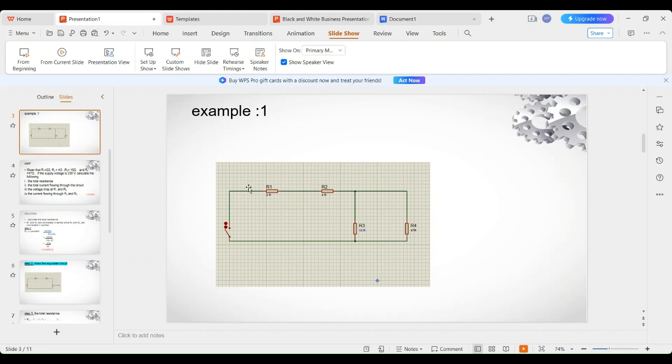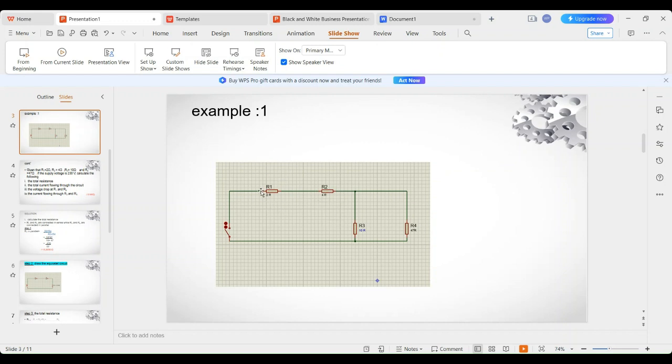As the voltage moves to this end here, we shall have a voltage drop. And as it moves to this other side, we have a resistance here and we have a resistance here. This resistance is opposing the flow of the current.